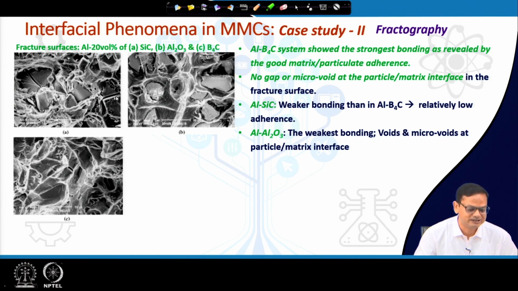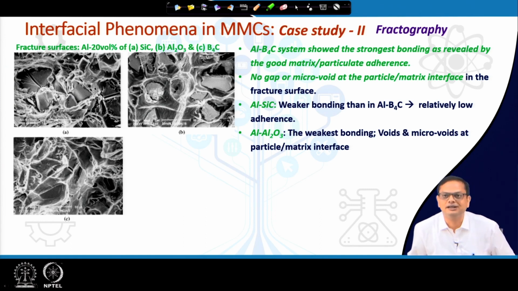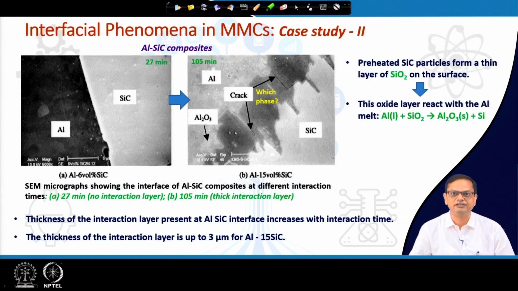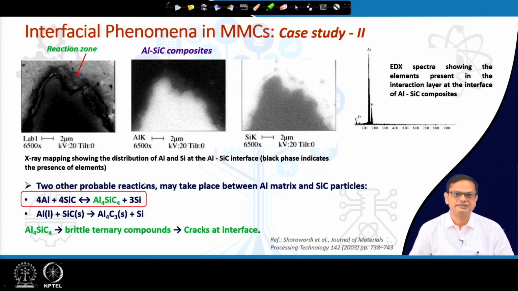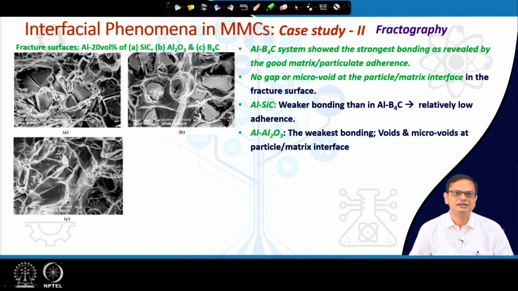Clearly you can see here, and these cracks are basically coming from that, if you remember earlier, this phase was forming at the interface, which is basically this Al4SiC4, and that leads to crack-like formation like this. You can see here this crack, here also cracks, everywhere there are a lot of cracks.